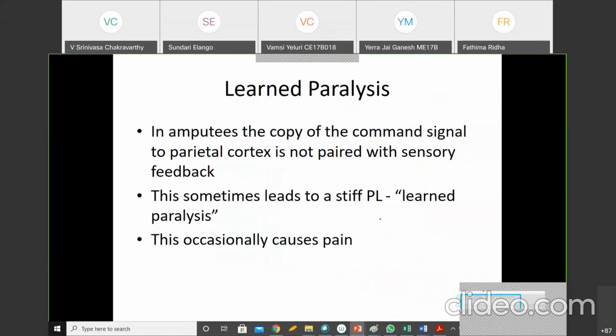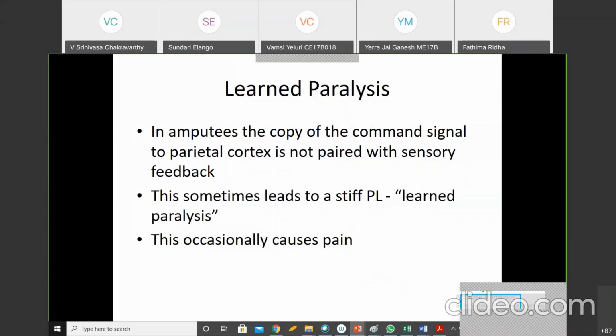The motor cortex sends a command, and the arm doesn't move. It sends a further command, and the arm again doesn't move. So motor cortex then understands that it can never move this arm, because whatever it does, there's no change in the response. The feedback doesn't change because the arm itself is absent.